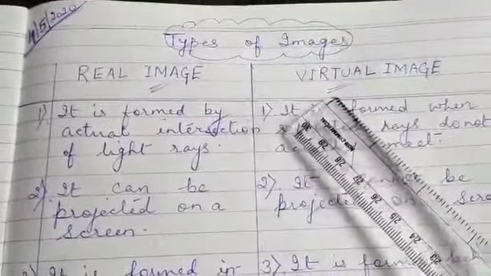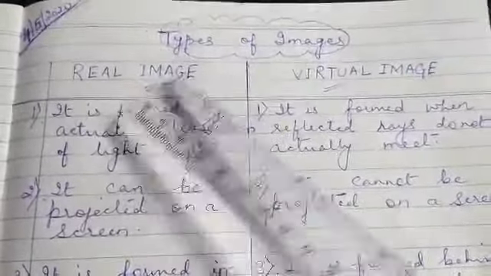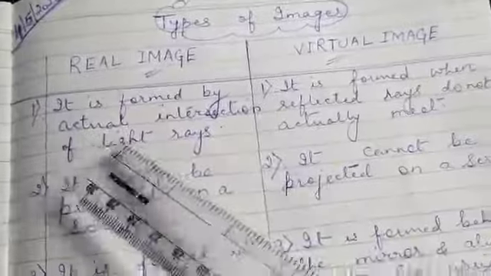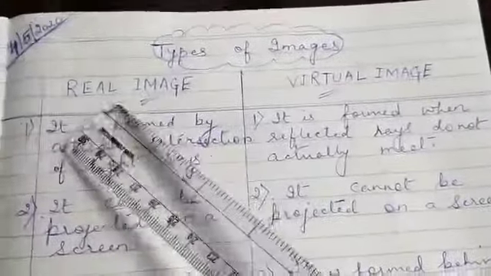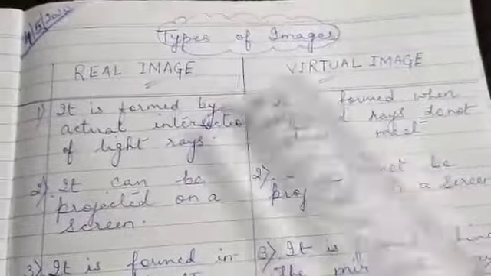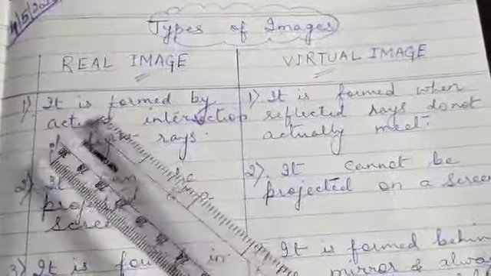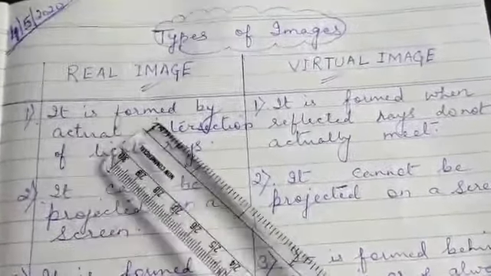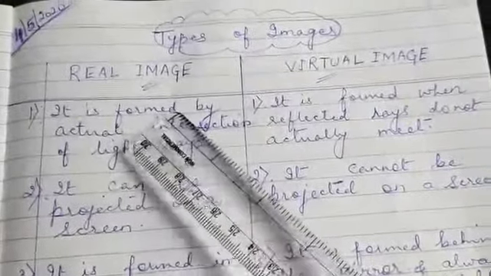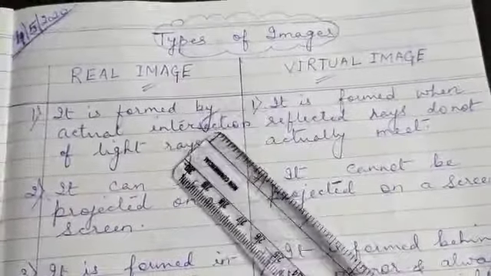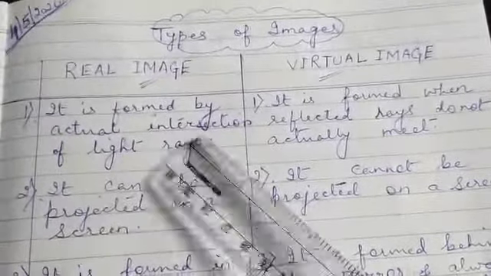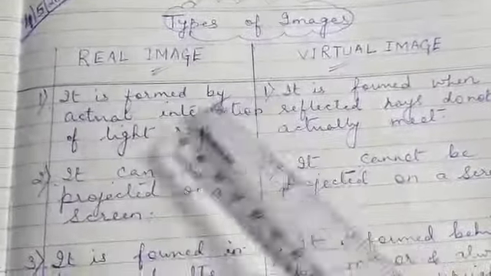Now we will see the topic, difference between real and virtual image. Here are some points of difference. What do you mean by real image? When rays of light become parallel to each other, the bunch of light rays is known as a beam of light.